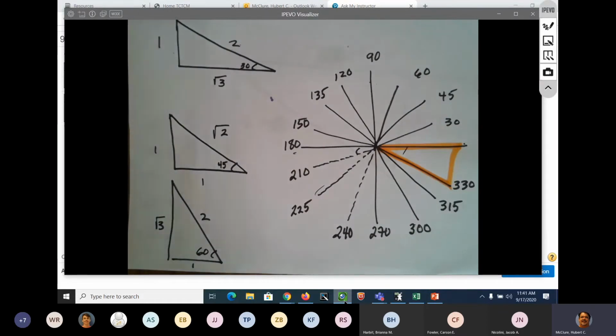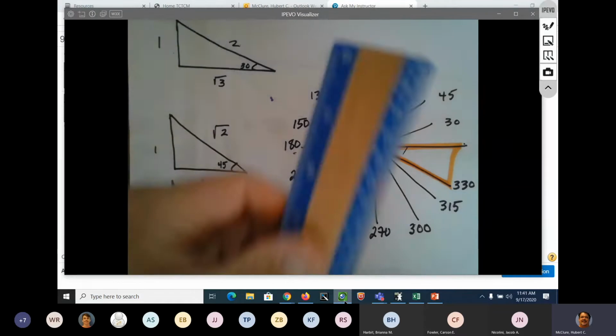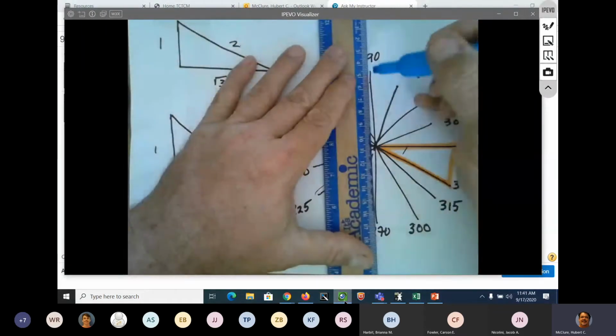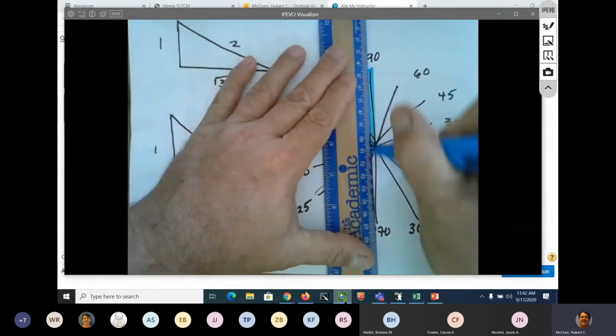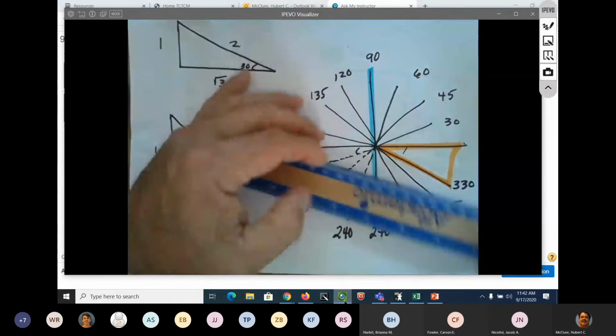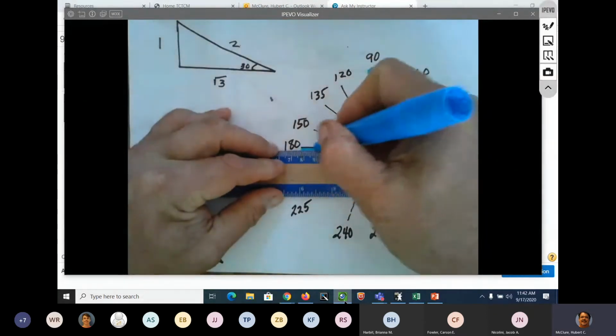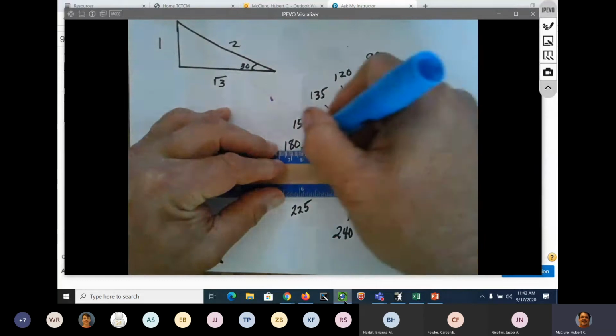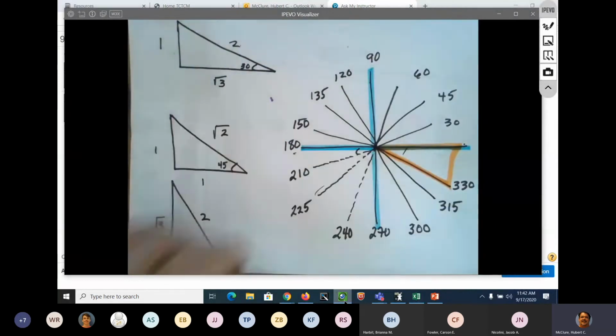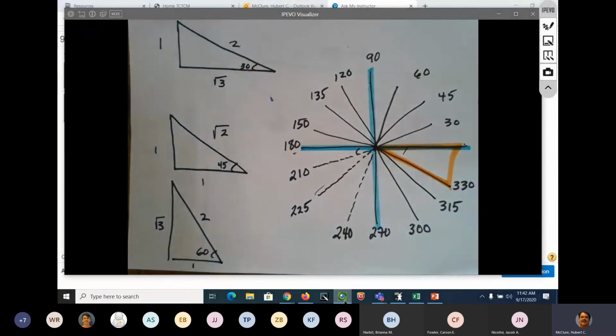If you don't have a clue where you are on the unit circle, then you're going to have a hard time. And you've got to learn, I didn't say memorize, I said learn, that unit circle.